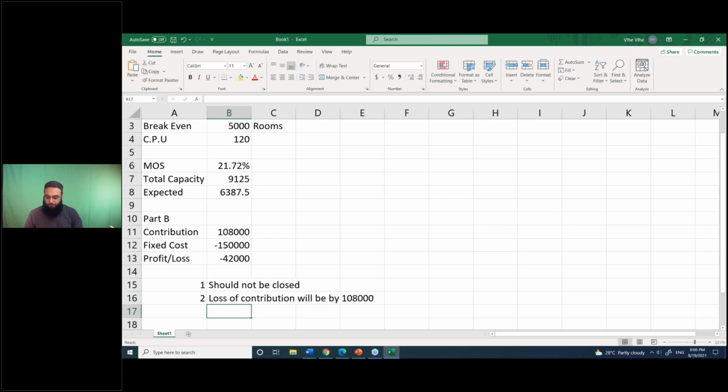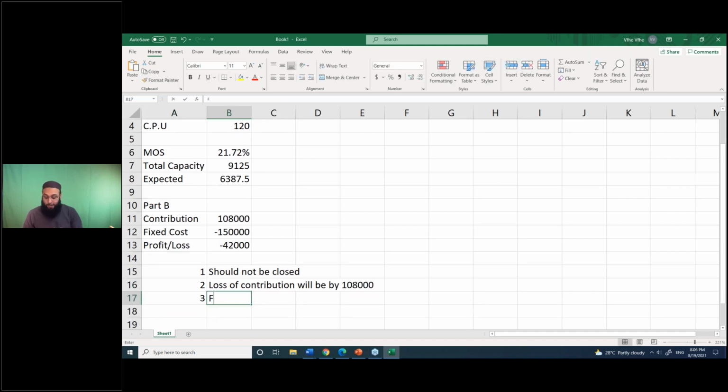That's fine. Because fixed cost will continue to be incurred. That's fine. It's a committed cost. You have to pay the fixed cost for the entire year.